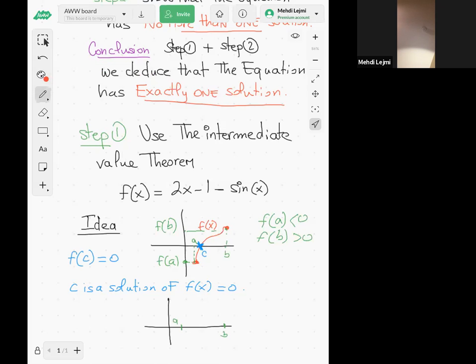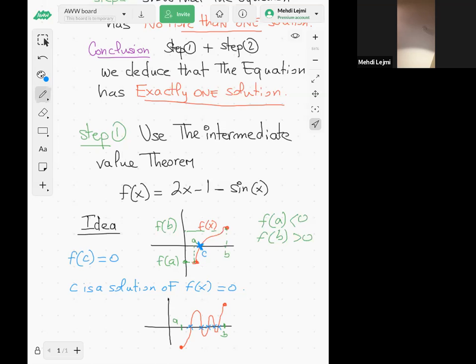So let's say here's your f of A, this is f of B. You could have something like this here. In this case, you would have more than one solution: 1, 2, 3, 4, 5 solutions of f of x equal to 0, because each time you intersect the x-axis, there will be a solution of f of x equal to 0.